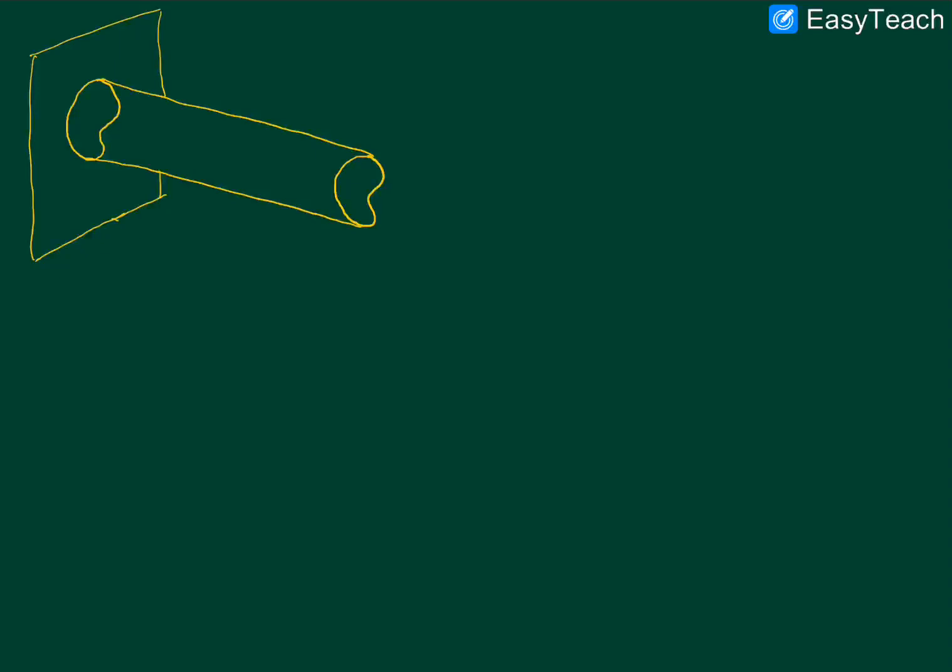Let's denote the transverse force before going forward. Let's say it is acting somewhere here. Let's also draw the axes. Let's say this is our x-axis, this is our y-axis, and this is our z-axis.